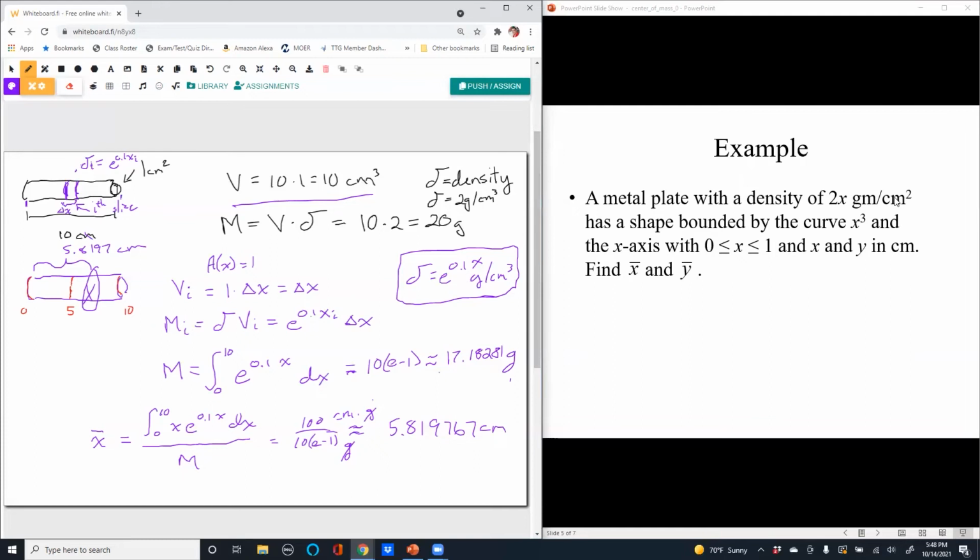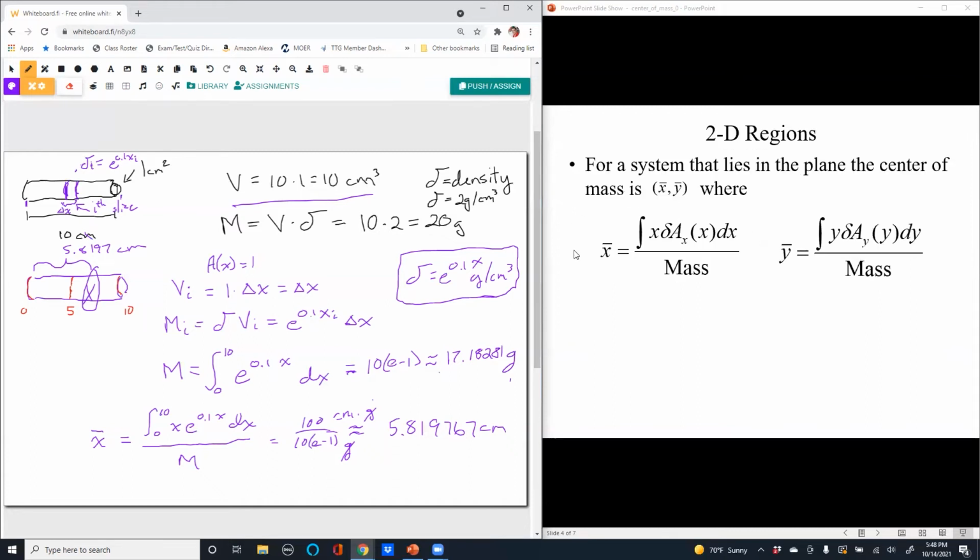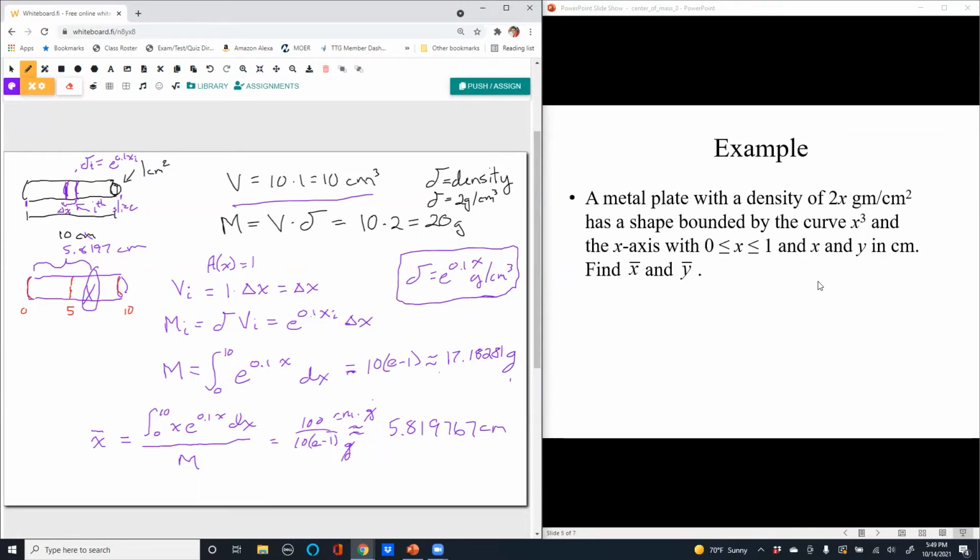So a metal plate is going to be a 2D object. As it has a shape bound by the curve x cubed and the x-axis between 0 and 1, x and y in centimeters, and we're going to find x bar and y bar. So this would work out perfectly for this one because delta is already in terms of x. This one would become a problem, not that we couldn't do the area in terms of y, but because our delta, it's in terms of x.